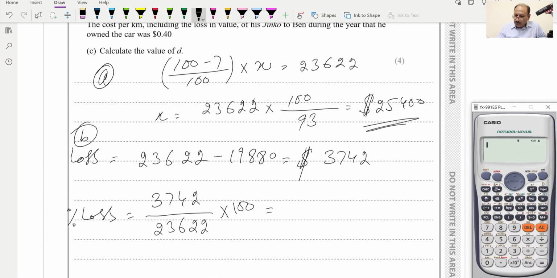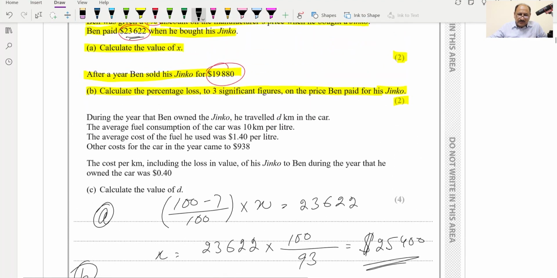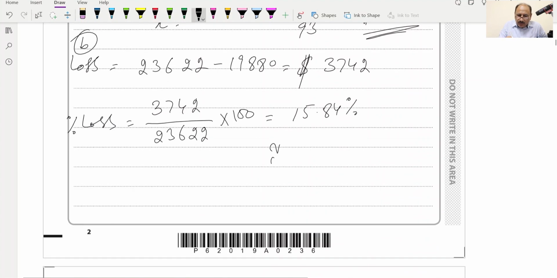This will be the fraction 3742 over 23,622, multiplied by 100, which is equal to 15.84%, and they are saying up to three significant figures. So up to three significant figures we can write approximately 15.8%. This will be the final answer for B part.